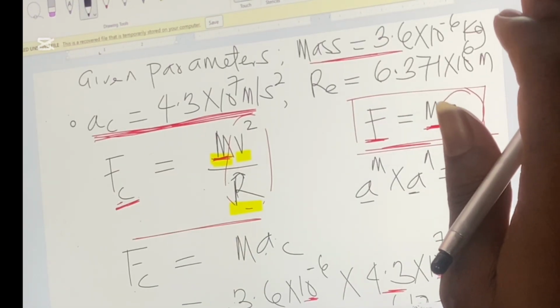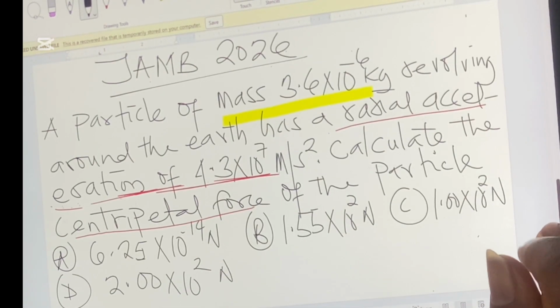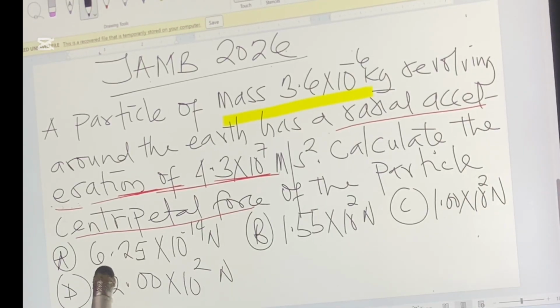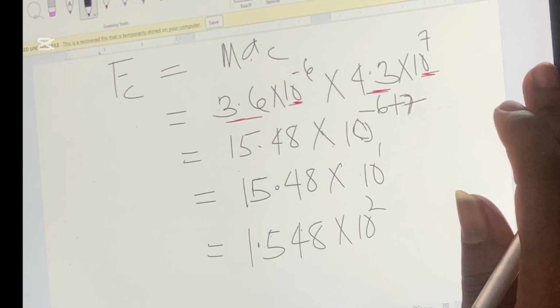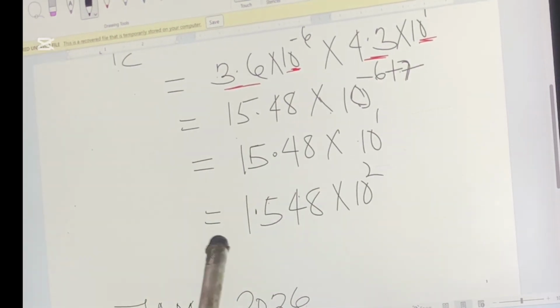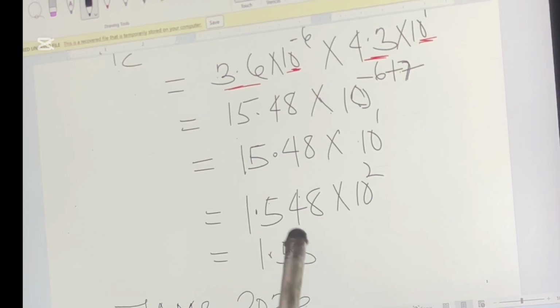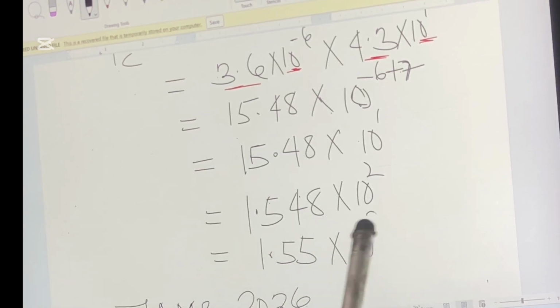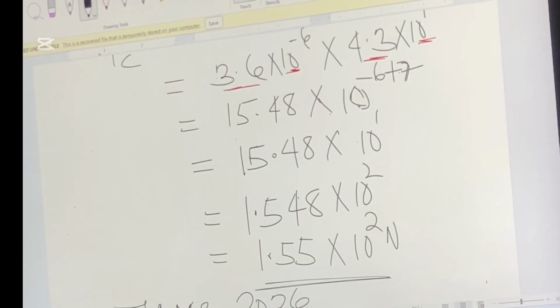So the answer, approximately, is going to be equal to 1.55 times 10 to the power of 2 in Newton. This is our answer here.